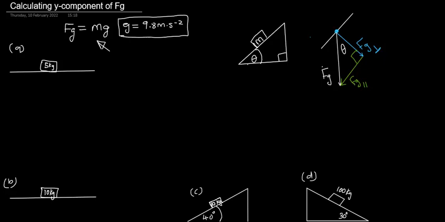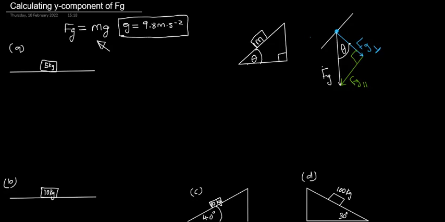Now because of that, we can come to making mathematical definitions. You can see that your gravitational force Fg has now become the hypotenuse of that triangle. Fg perpendicular is the adjacent of the triangle, and Fg parallel is the opposite of that triangle.